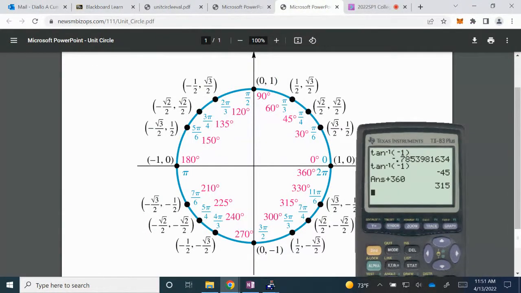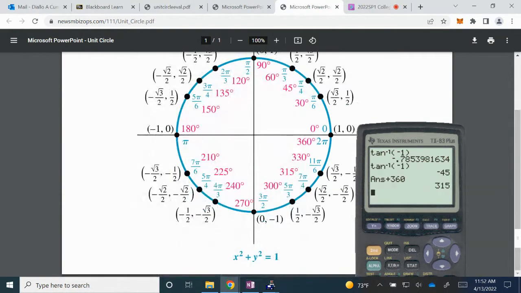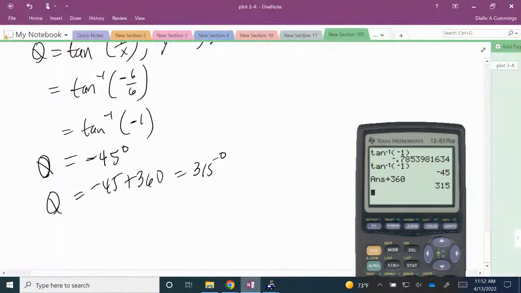So 315 degrees, that's 7 pi over 4 radians. So theta is equal to 7 pi over 4.